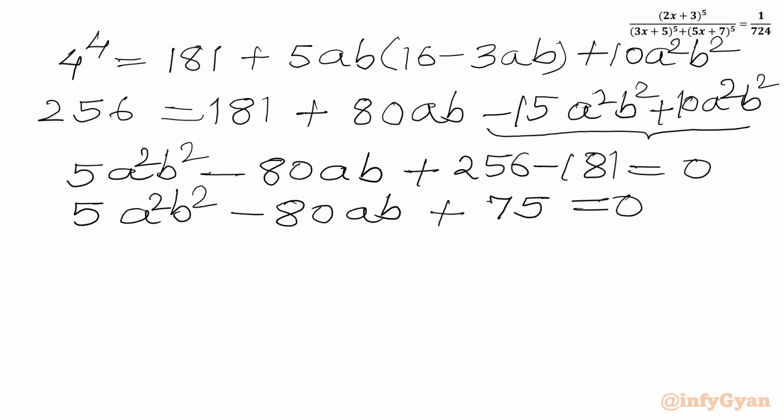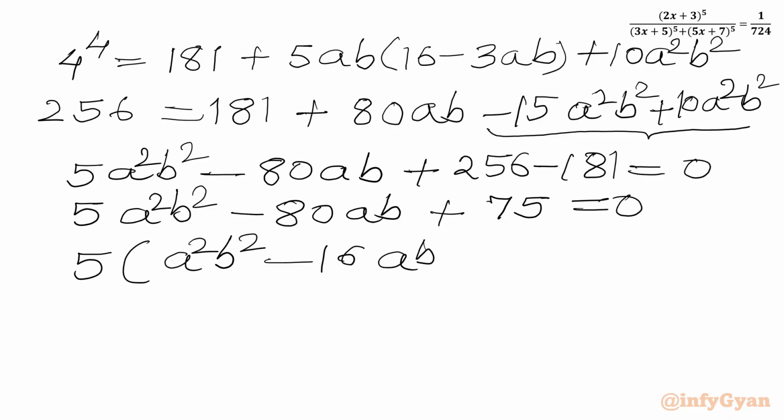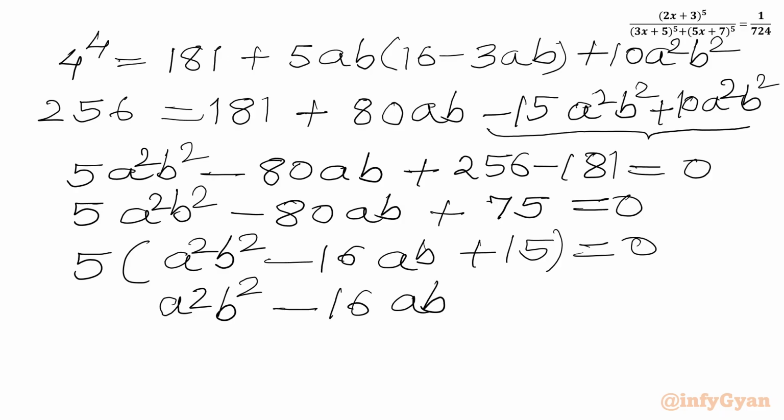Now we can divide this equation by 5. So I can take 5 common also. A square B square minus 16AB plus 15 equal to 0.